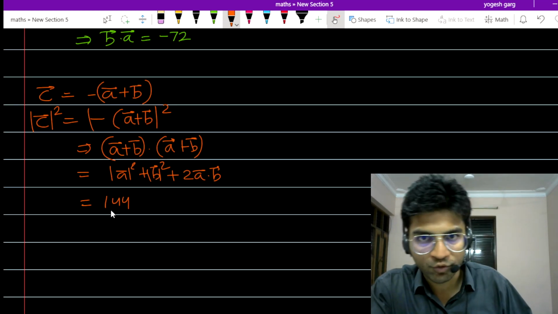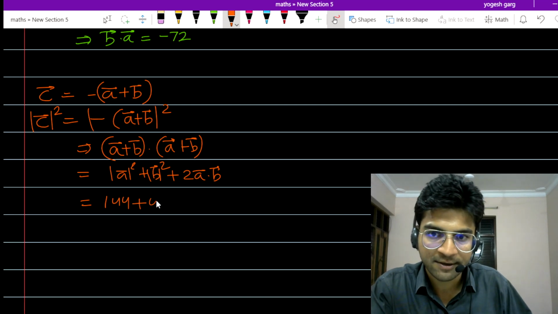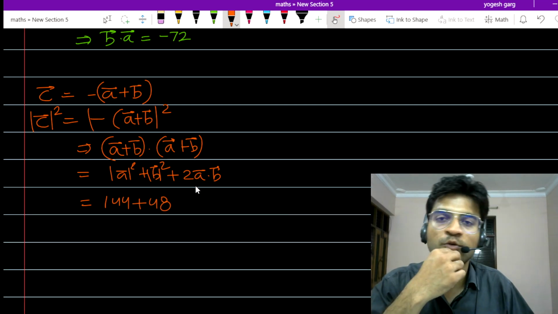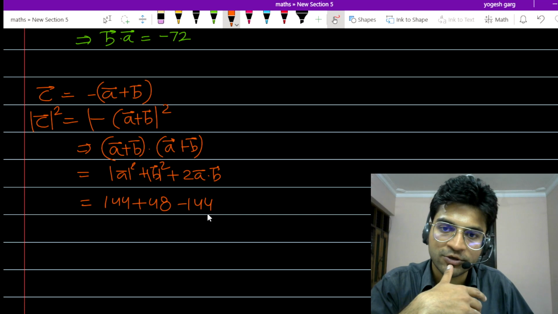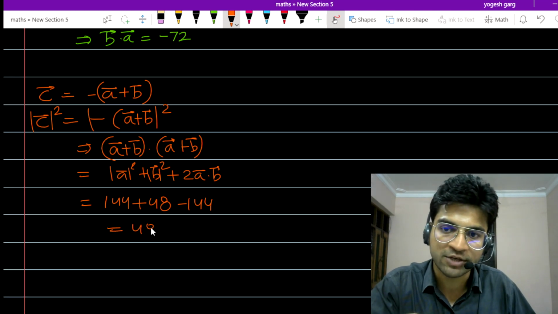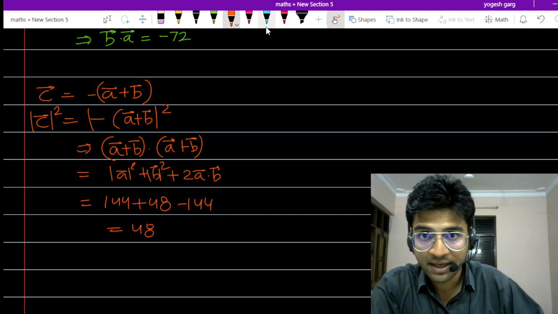Mod B was 4 root 3, its square will be 48. And 2 into A dot B will be equal to minus 144. So it is clearly equal to 48. So mod C square is equal to 48.